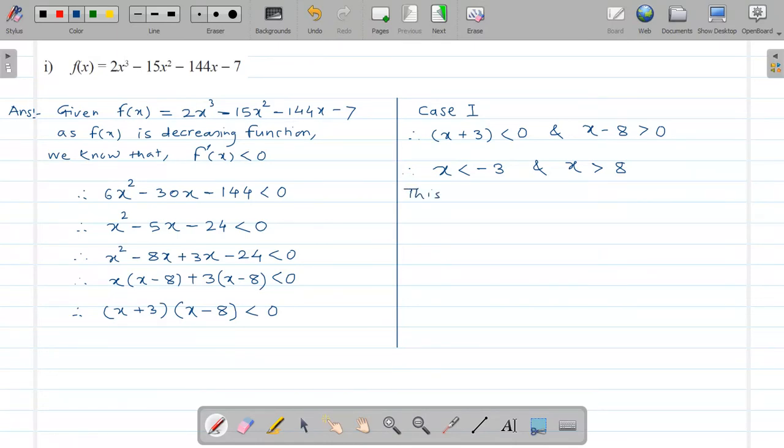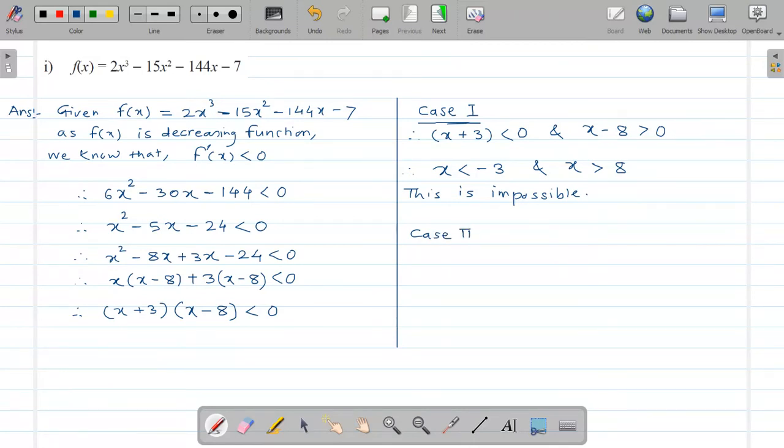You have to write that this is impossible, because there is no real number which is less than minus 3 but greater than 8. But we have to consider the case as per the requirement, and you have to write that this is an impossible case. Okay, now we go to the second case.